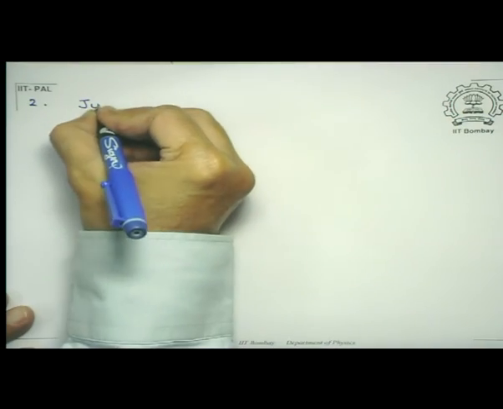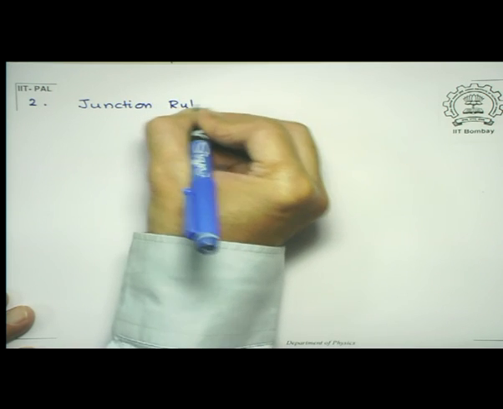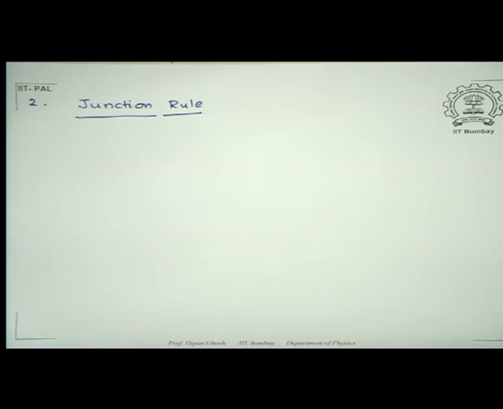So let me first talk about the junction rule. Basically, the origin of the junction rule lies in the fact that electric charges do not accumulate. There is a continuity of electric charges.